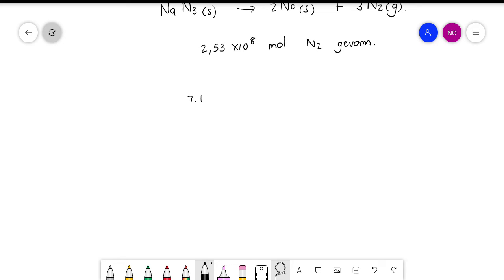Don't overthink this. You have the relationship and you have the amount of moles already. Hulle het dit vir jou gegee. Sien jy net onder die reaksie staan daar in een so ontbinding word molekules. Nee? Okay, so all you have to do here is say NaN3 to N2 will give you a base relationship of 1 to 3.